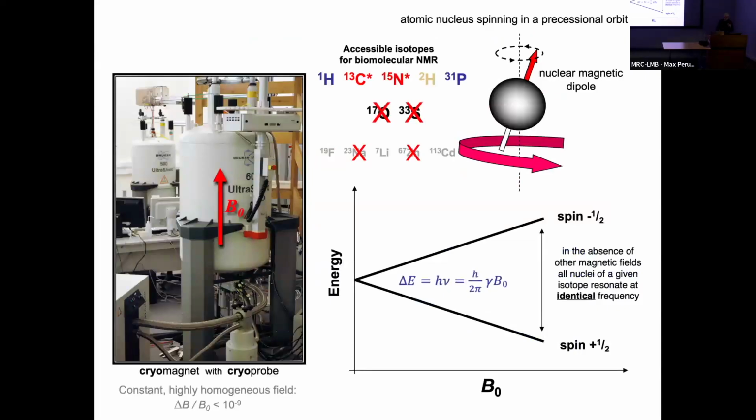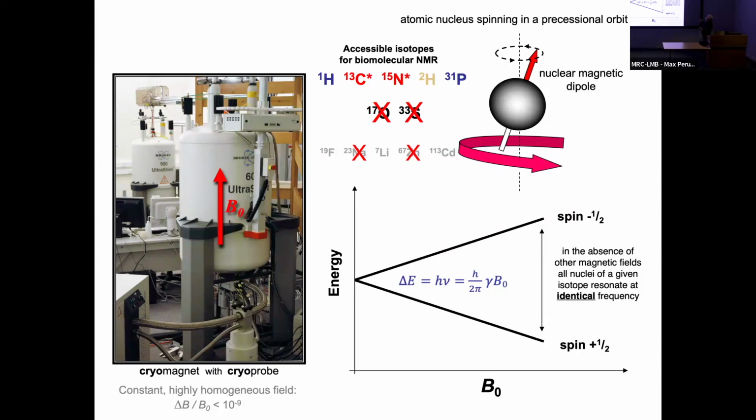So the basic starting point of NMR is that we take an NMR active nucleus. Now, certain nuclei have an active nuclear magnetic dipole, a simple north and south pole. And as we put that nucleus inside a strong external magnetic field, we will get a preferred alignment of these nuclei, either with or against the applied magnetic field.